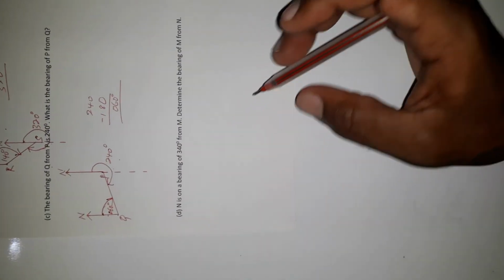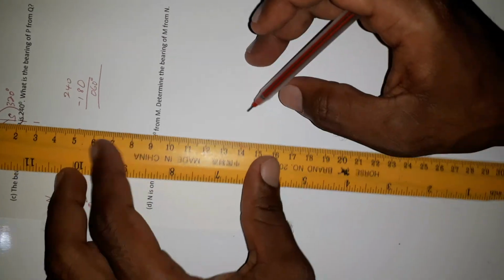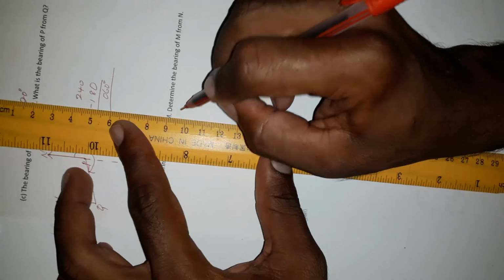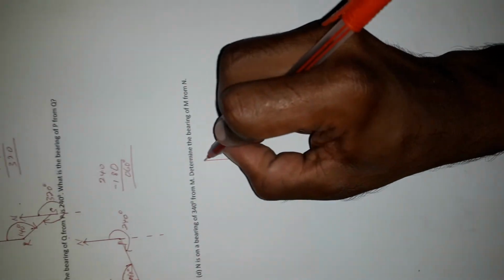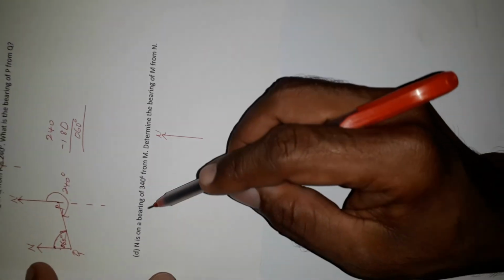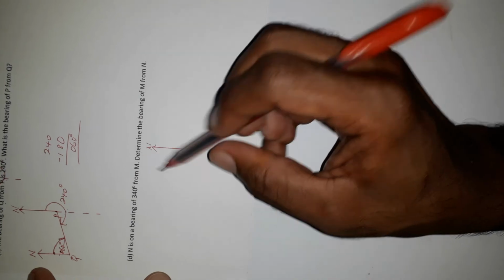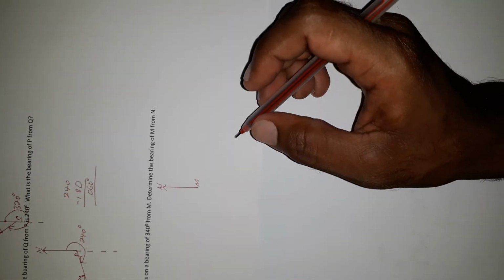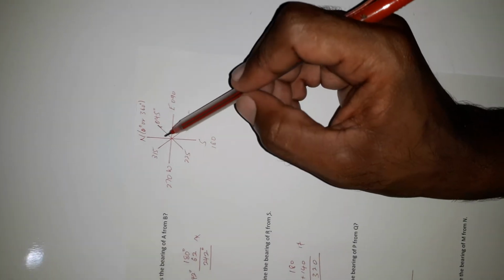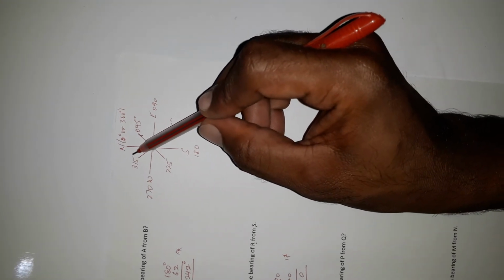Alright, final problem. Okay, first thing I'll do is to draw a north line. Let me draw it here. N is on a bearing of 340 degrees from M. So we start at the point M, and since it's 340 degrees, okay, let us look back at this diagram. 340, 315 is there, so 340 will be very close to the north line.